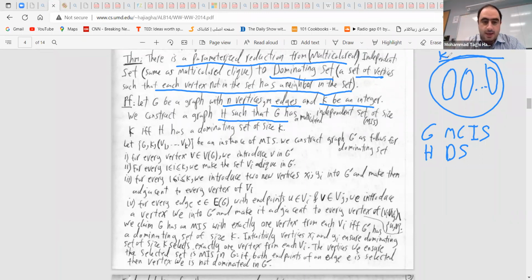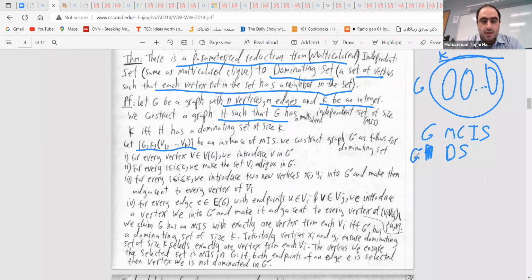Now, let's create H out of it. So yeah, this is the graph G that we talk about. It has K colors. And we try to create the graph. I think here we will call it a graph G prime actually instead of H.